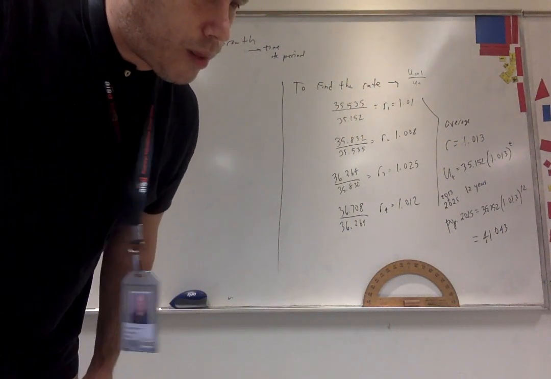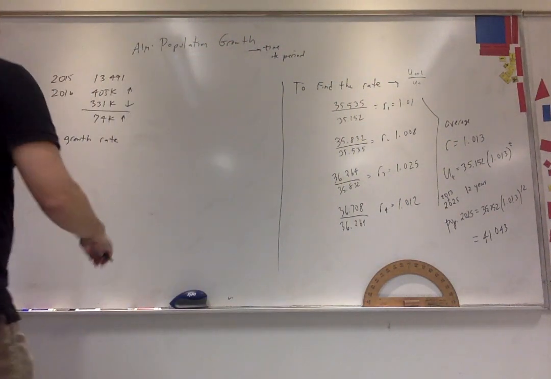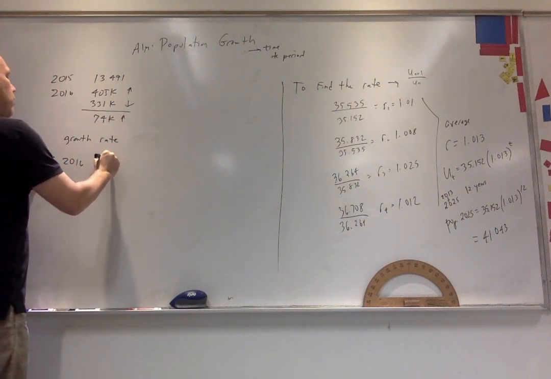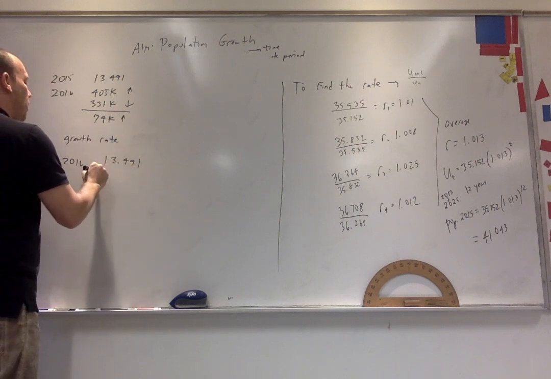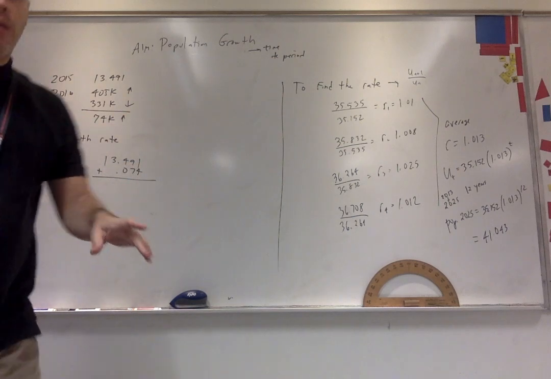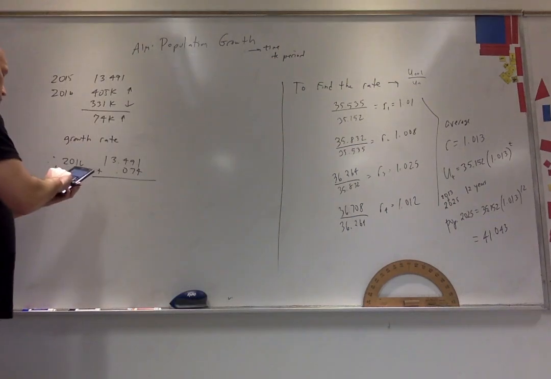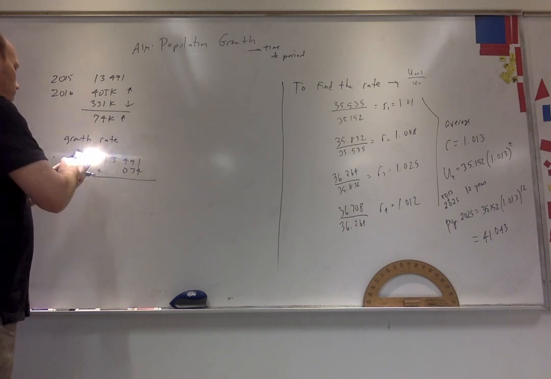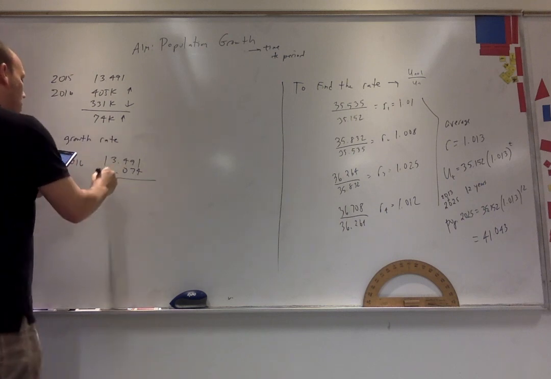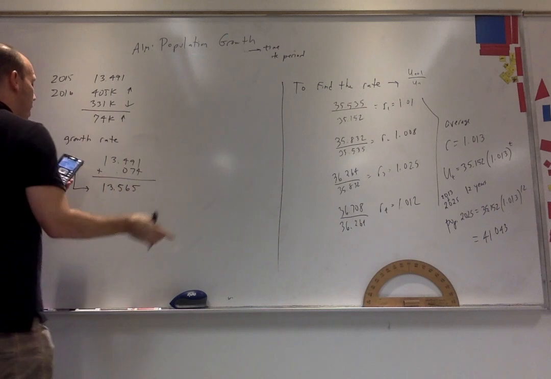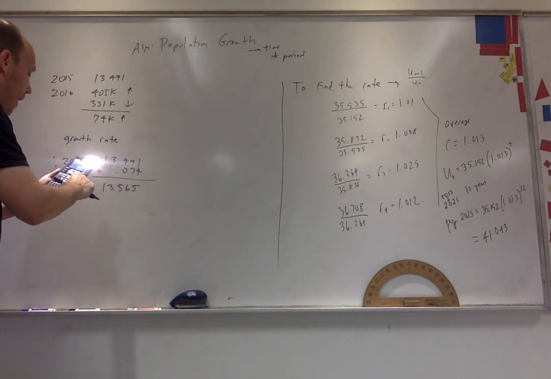So we know that in 2016, we had 13.491 plus 0.74. I'm getting out my calculator. So I have 13.491 plus 0.74, enter. So the new population is 13.565.